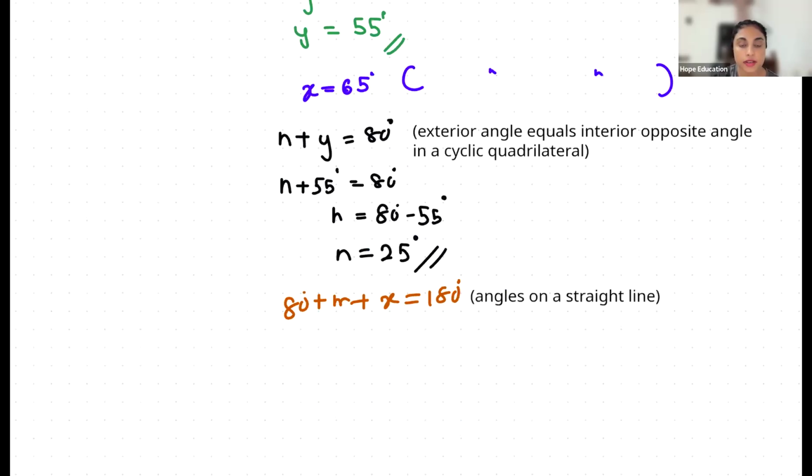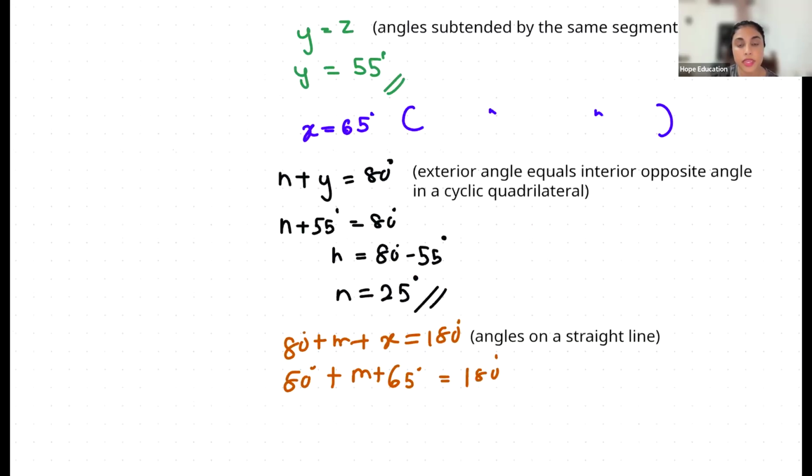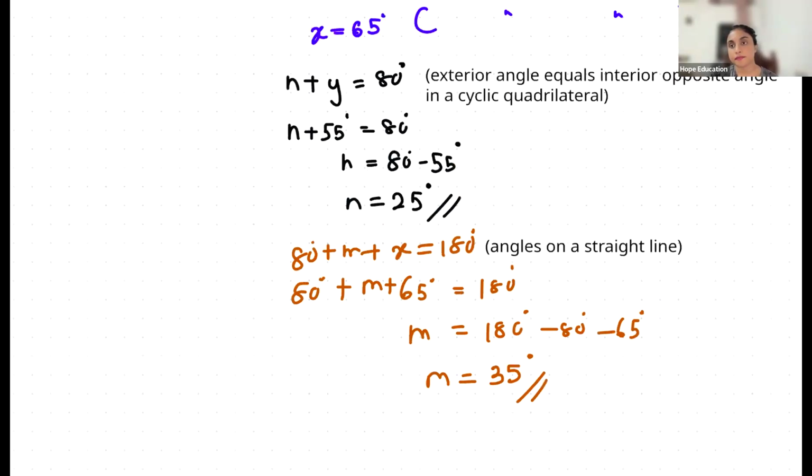So 80 degrees, m දන්නේ නැහැ. X is 65 equals 180. So m කියන්නේ 180 minus 80 minus 65. So m would be 35. Is that clear, Lamai? Is that clear? Okay.